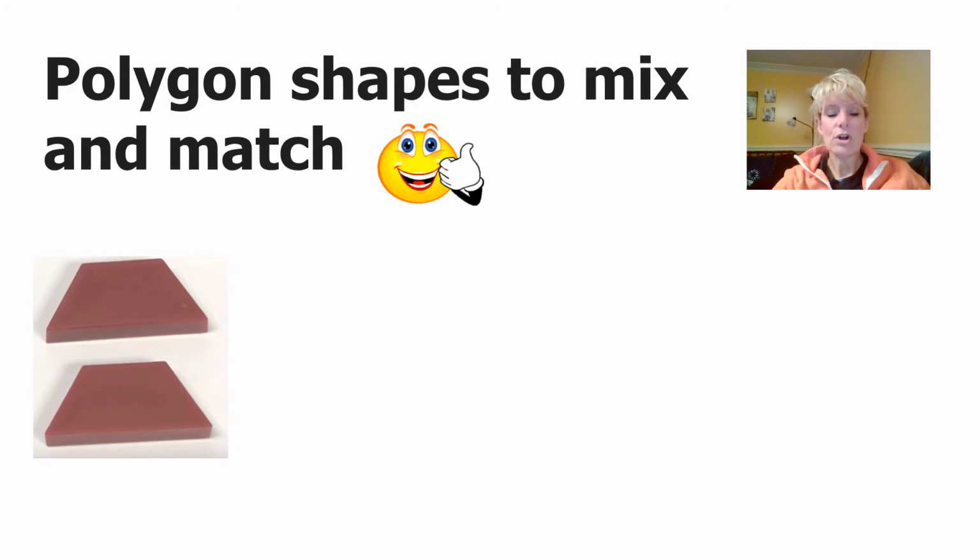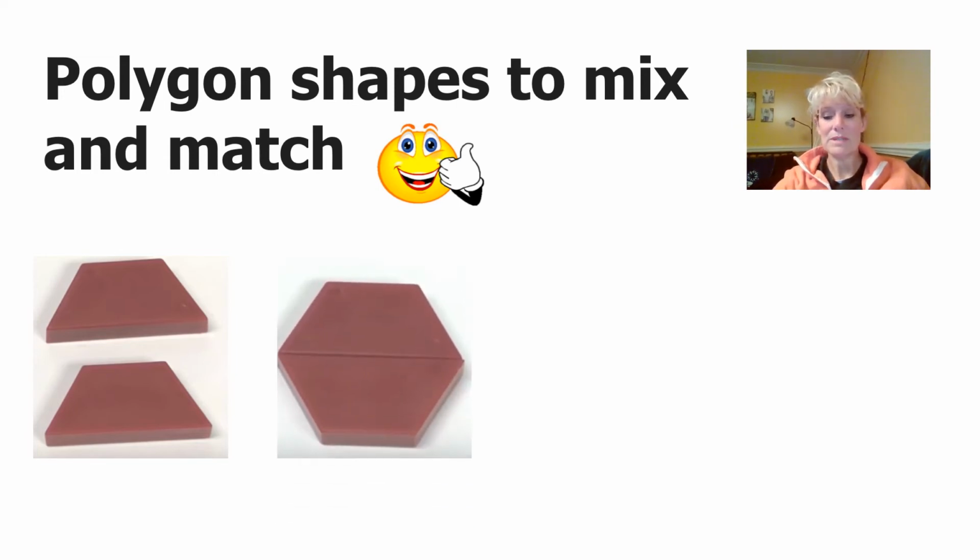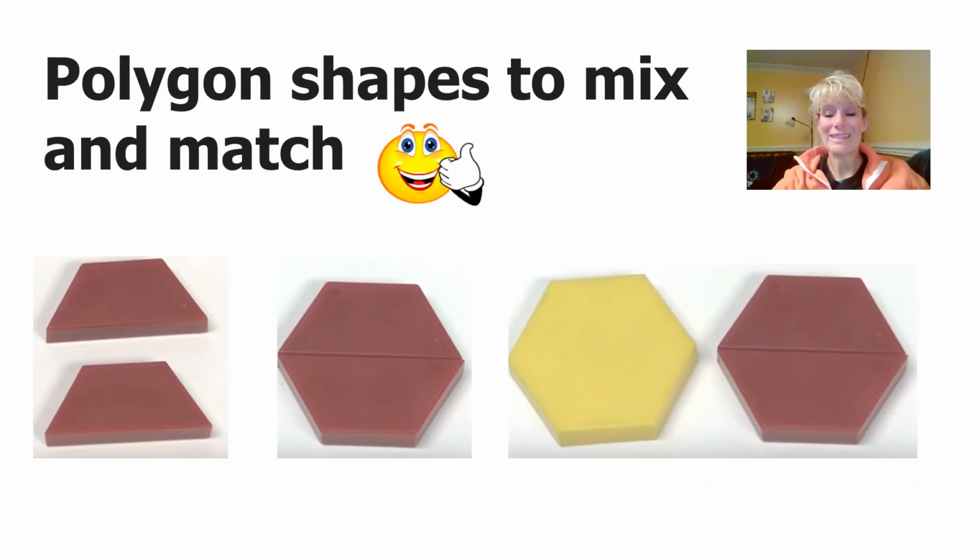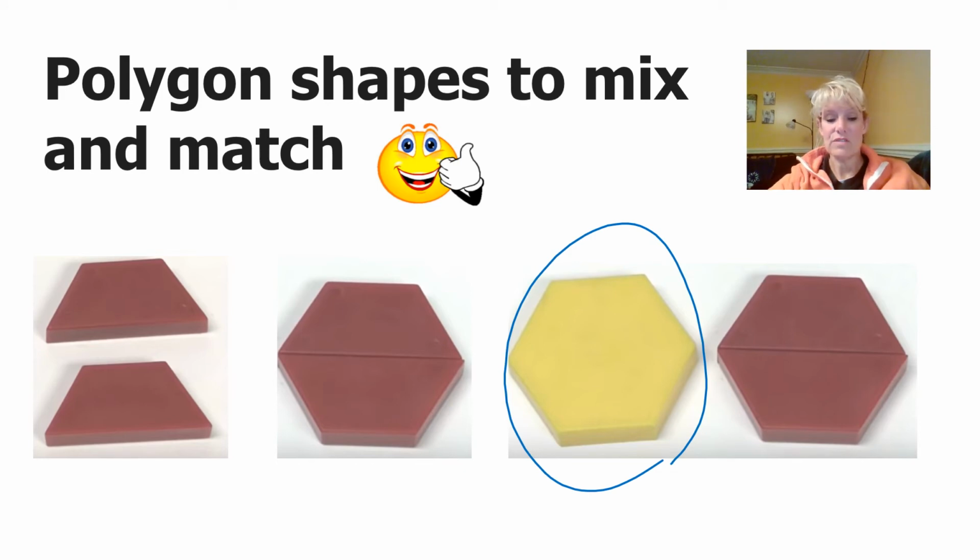All right, here are 2 trapezoids. Can you think of what I might be able to do with 2 trapezoids? All right, if I put them together, it's going to look like this hexagon. And the hexagon right here is all one shape, but see each of these trapezoids, once I turned them, they actually made a hexagon.